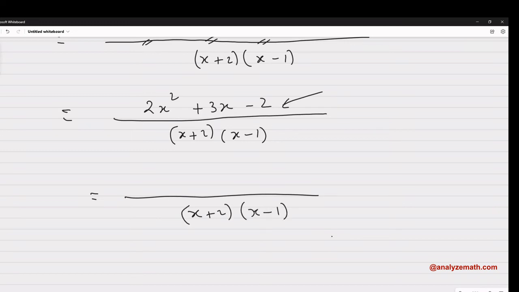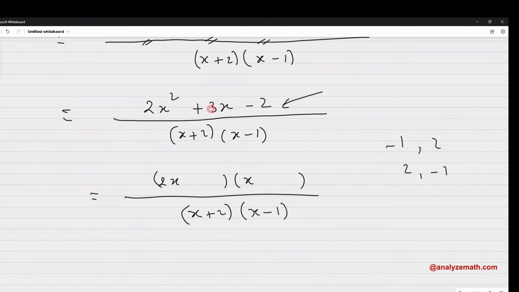Now we factor. We need 2x, so that when we multiply it by this x, it gives me the 2x squared. This 2x squared is due to 2x and x here. Now we need two factors. When we multiply them, they give me minus 2. So either it's minus 1 and 2 or 2 and minus 1.